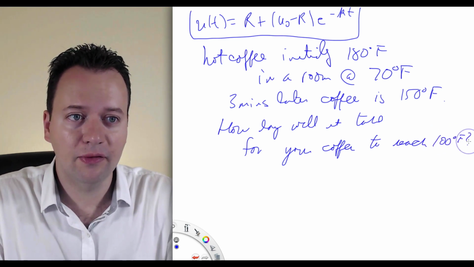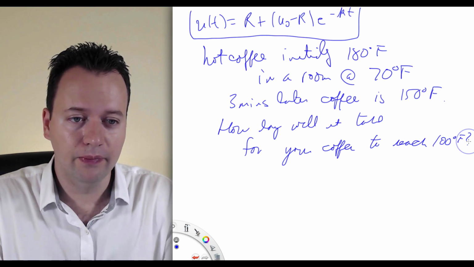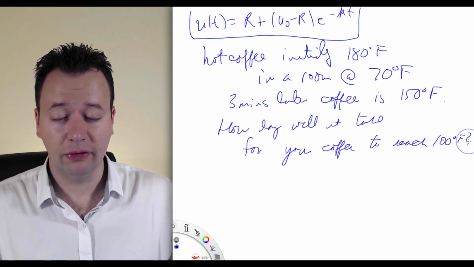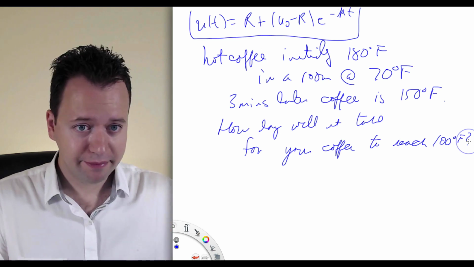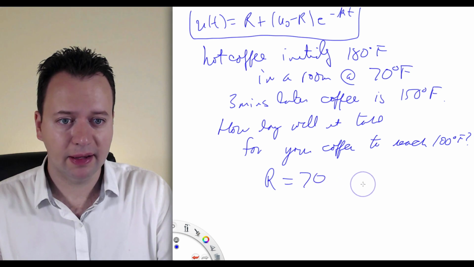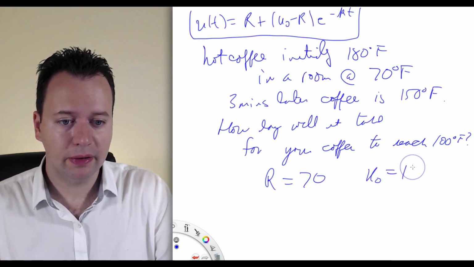So you have a hot cup of coffee, initially 180 degrees, in a room that's 70 degrees. 3 minutes later, your coffee cools down to 150 degrees. How long will it take for the coffee to be 100 degrees? Okay, well, we know that r is 70 and u0 is 180.